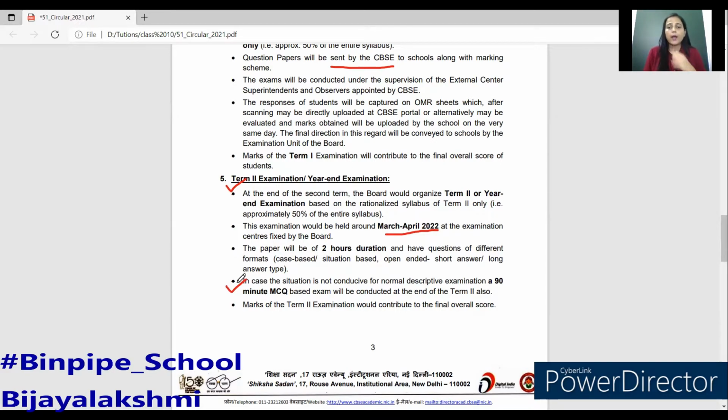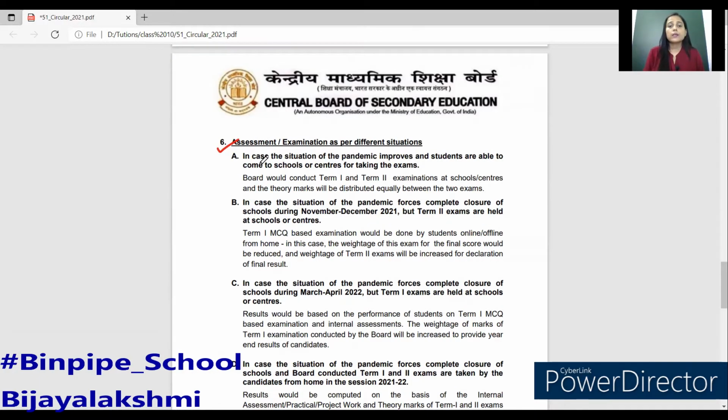Okay, and the term 1 marks will be raised a bit higher. So marks of term 2 would contribute to the final overall score. See here, if the pandemic situation improves, yes, if the pandemic situation improves, the board will conduct term 1 and term 2 examinations.